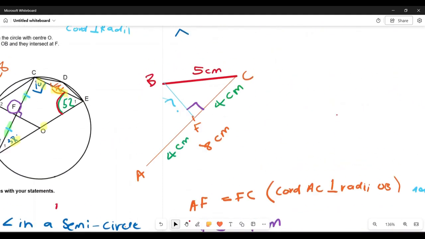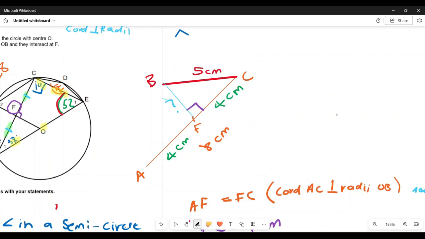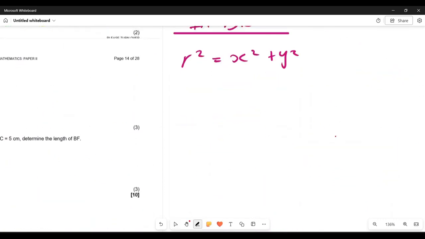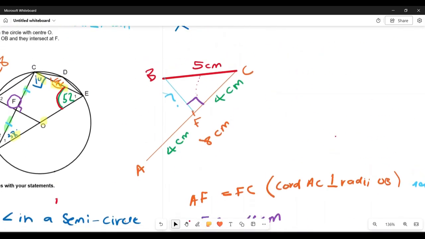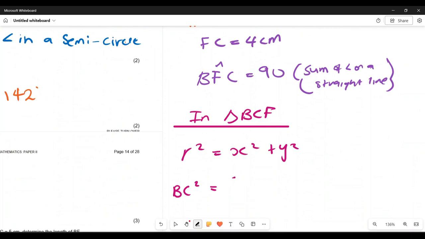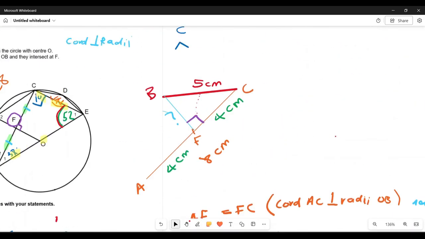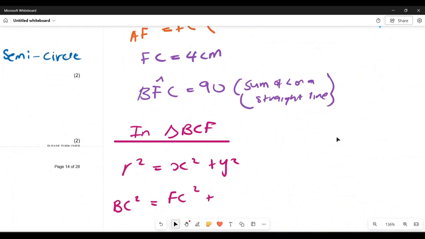Remember your hypotenuse, which is your r, is the line that is opposite to your angle of 90 degrees. So in this case, it's BC squared. Our x squared is going to be FC squared plus y squared, which is the line that we're looking for, BF squared.